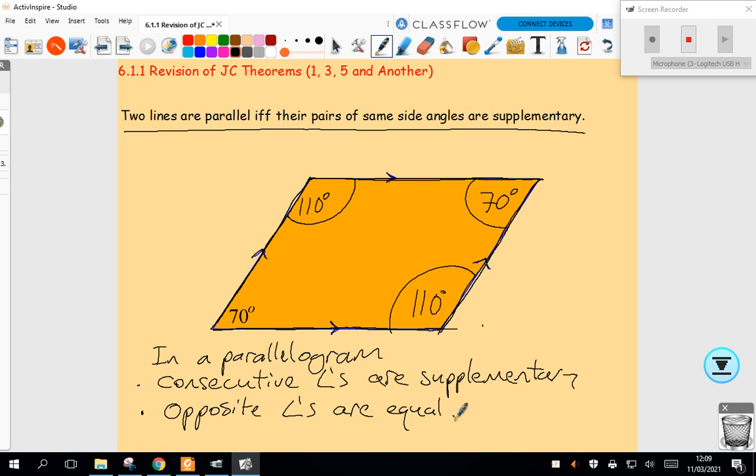Consecutive angles means as you move around anti-clockwise from one angle to the next, you get pairs of supplementary angles, 70 and 110, 110 and 70, 70 and 110, 110 and 70. Opposite angles, those two are equal. Opposite angles, those two are equal. Okay? So there are 4 theorems from junior cert you have to know. It's fairly basic. Make sure particularly you know all the language, and practice, practice, practice.